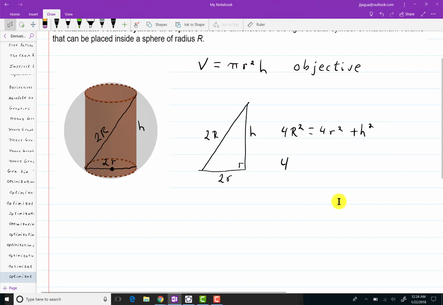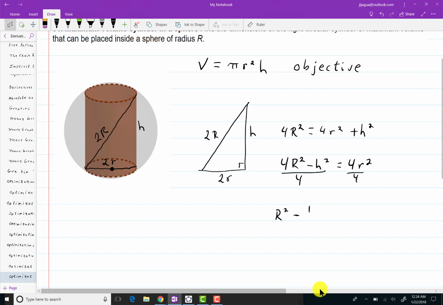So I get 4 capital R squared minus h squared equals 4 little r squared. And then I'll divide by 4. I find that when taking derivatives, it's easier if I rewrite this left-hand side as capital R squared minus 1/4 h squared, and that's equal to little r squared.